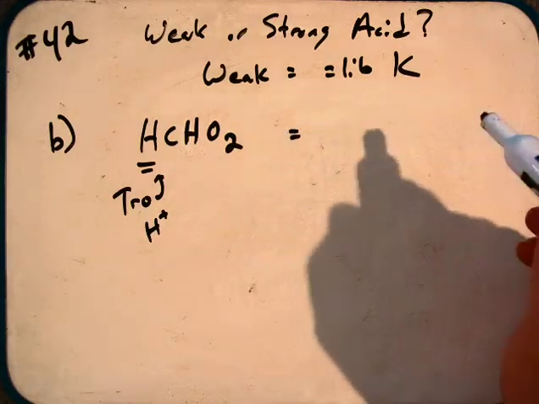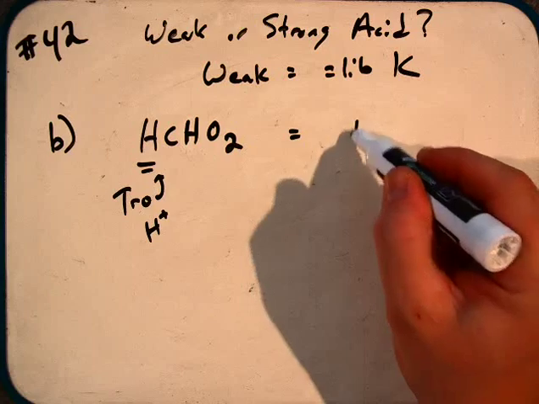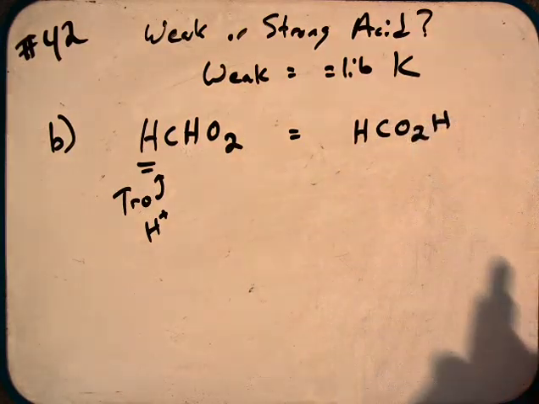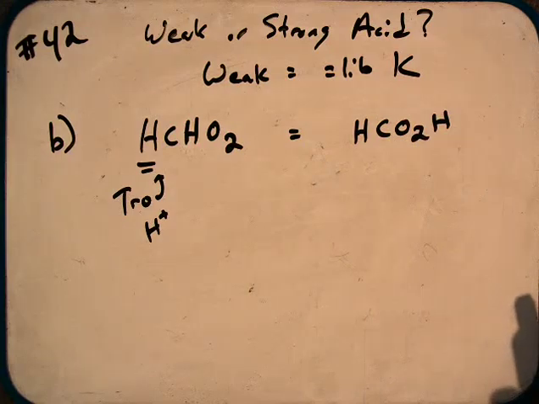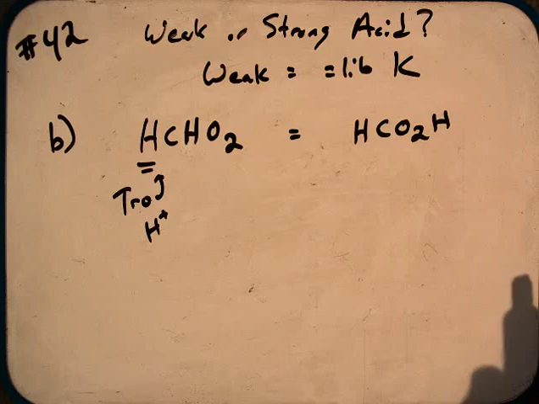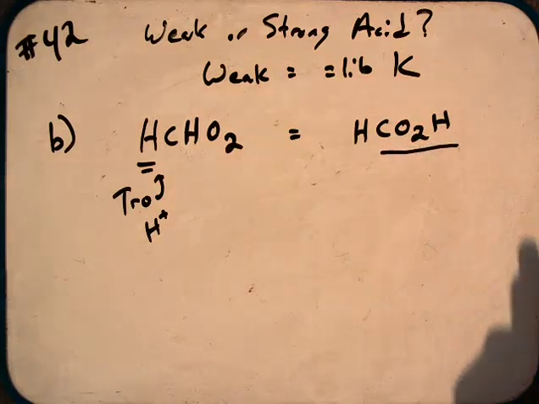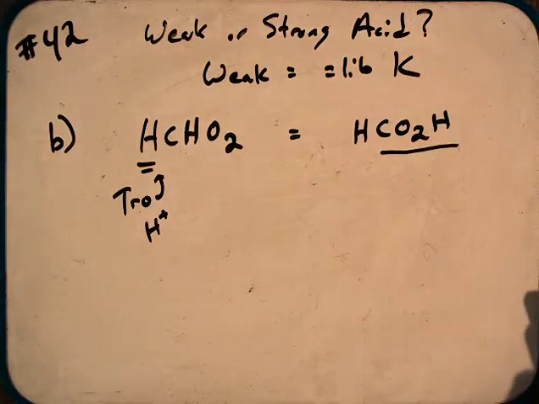Again, I want to reiterate that how I tend to write these types of organic acids in lecture and on the exam is in this format. And again, we're trying to recognize that we have this CO2H.